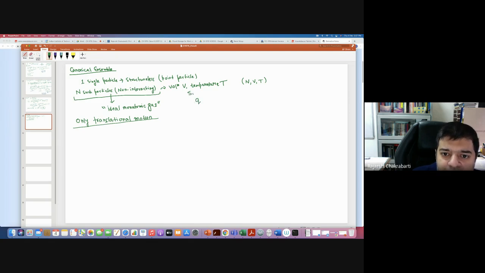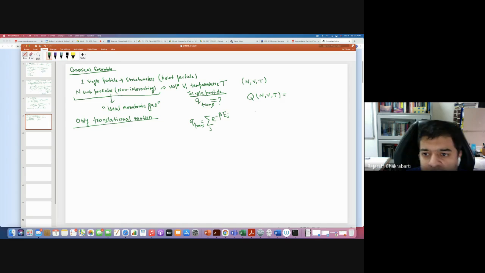For the single particle, this is Q trans. For the total partition function of this system of N particles, I can think that the single-particle partition function is given by the sum over all possible values of j of exponential of minus beta epsilon j.